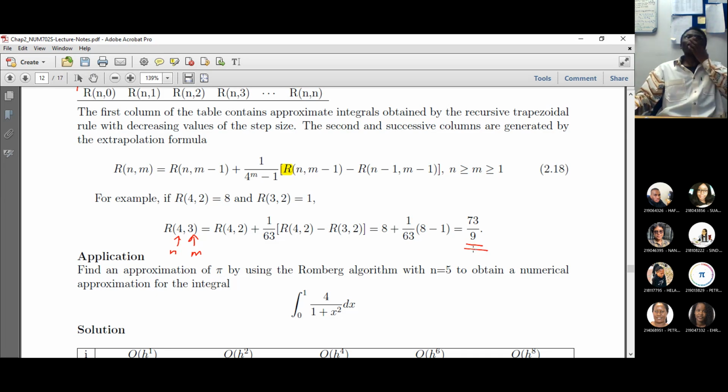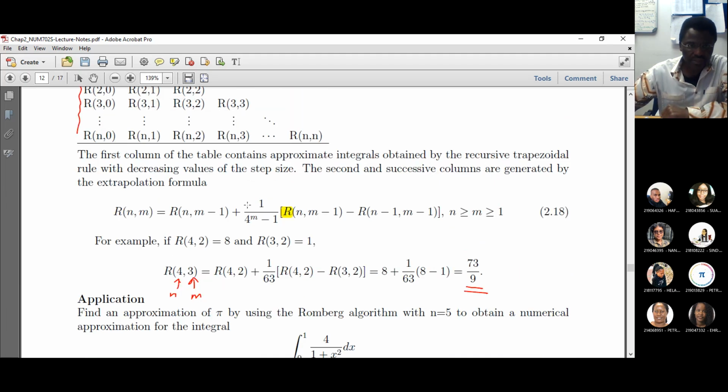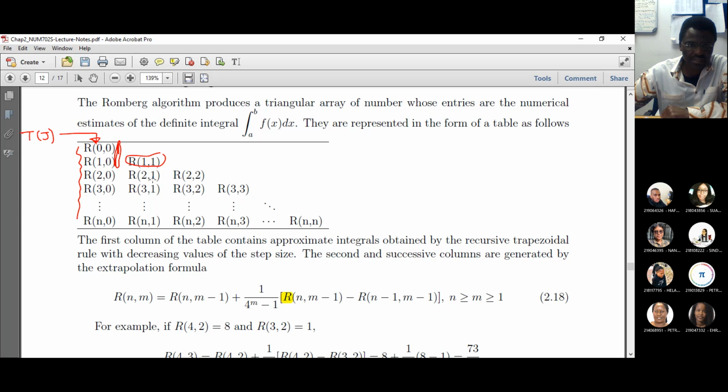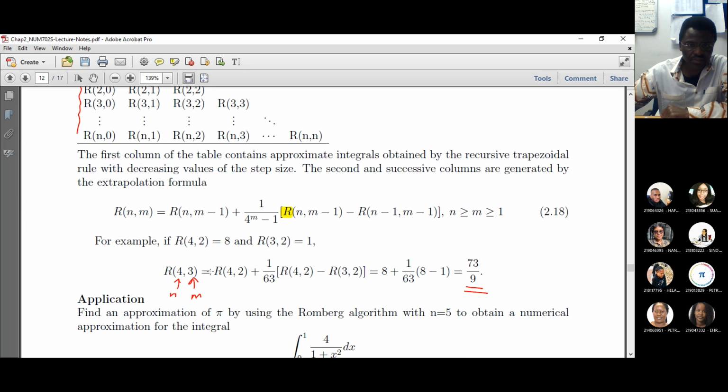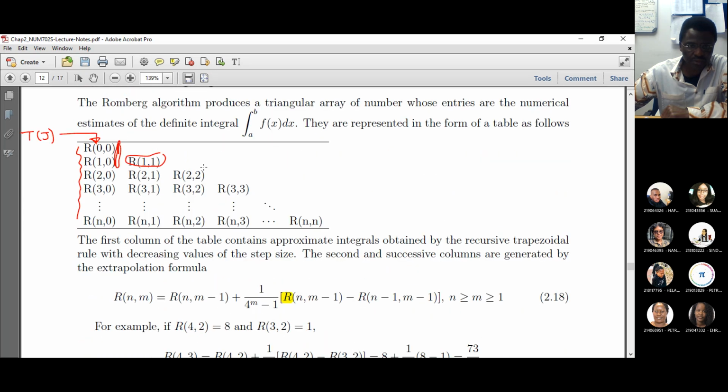Right, good. So that is an application. So we assume that these two entries in the previous row, that is row 2, were computed. So we assume that these two are known.